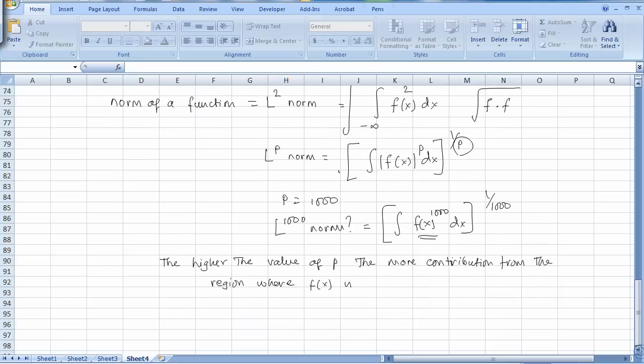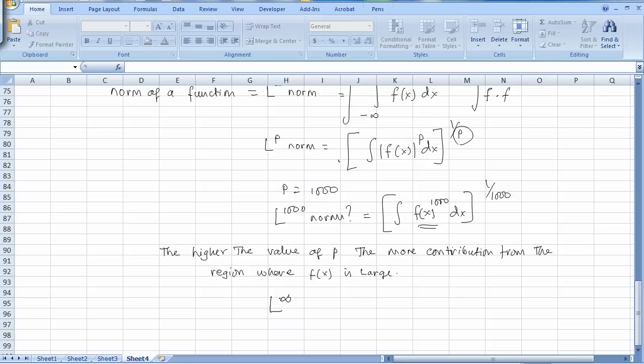In fact, if I do L infinity, this is called the max norm. This is a very simple one which says the max over x of the magnitude of f of x. This is difficult to prove, but you can get the idea.